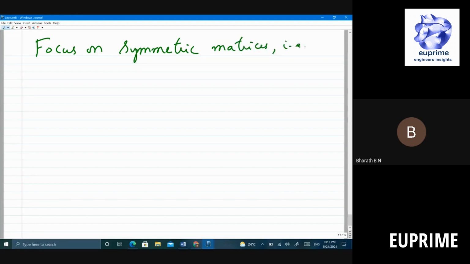That is, A equal to A Hermitian, or A transpose if real. So we will look at such matrices and see what we can expect out of this. Then we will see certain properties, and then we will look at what eigenvalue decomposition is and what are the consequences of that.